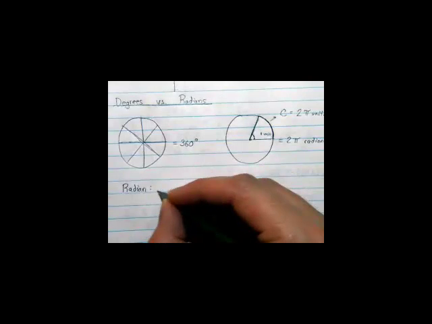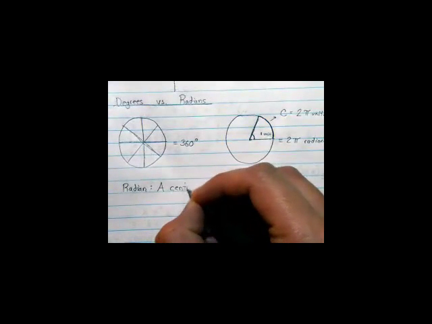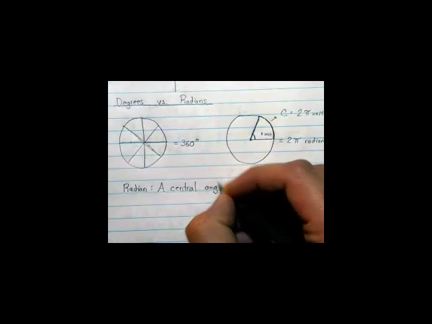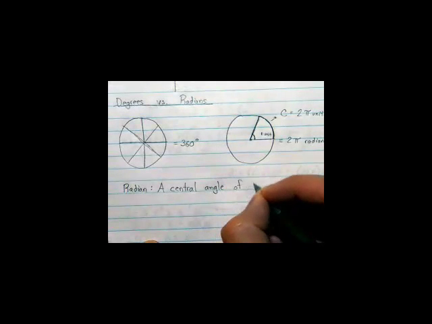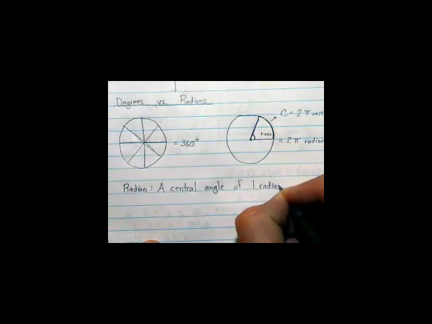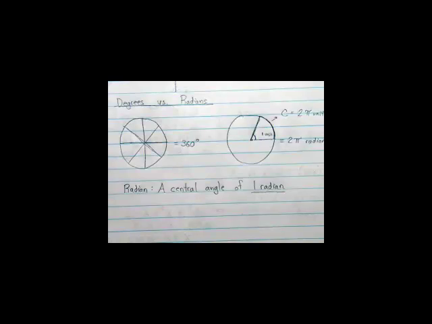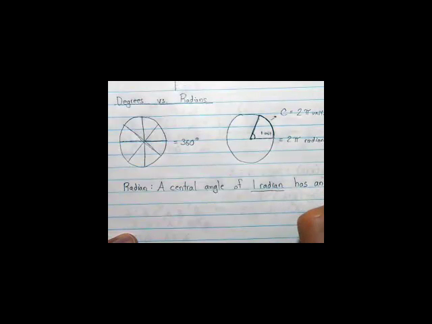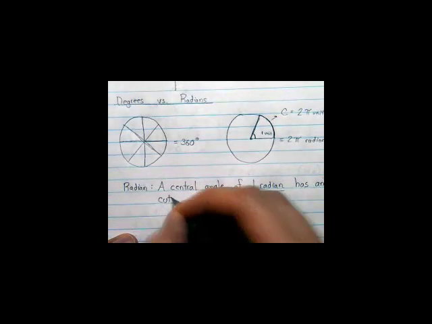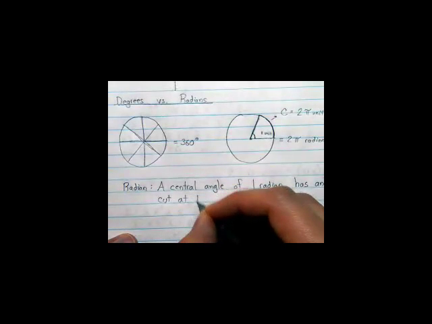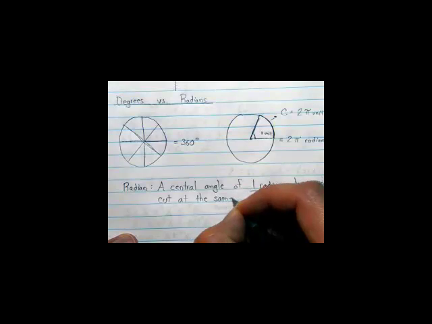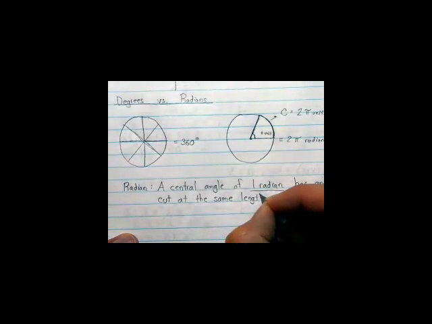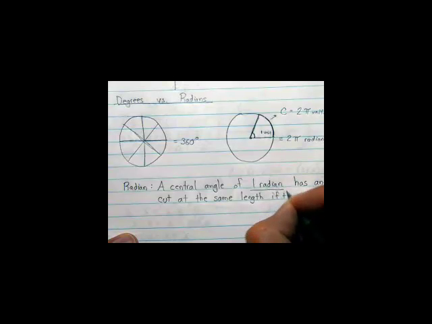So a central angle, the central angle of 1 radian has an arc cut at the same length if the radius is 1 unit.